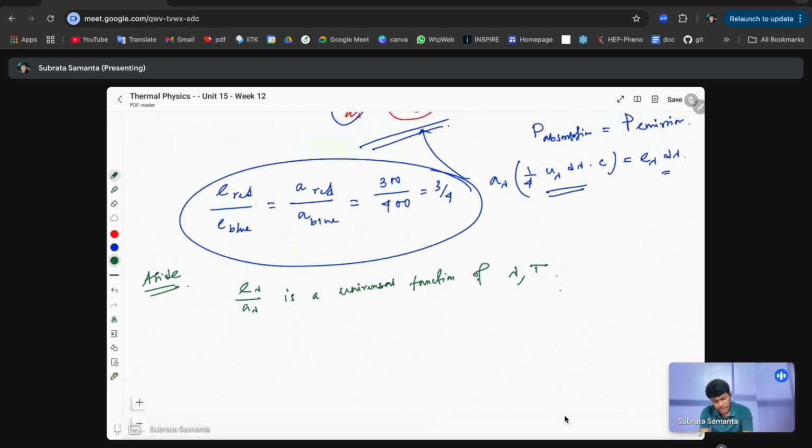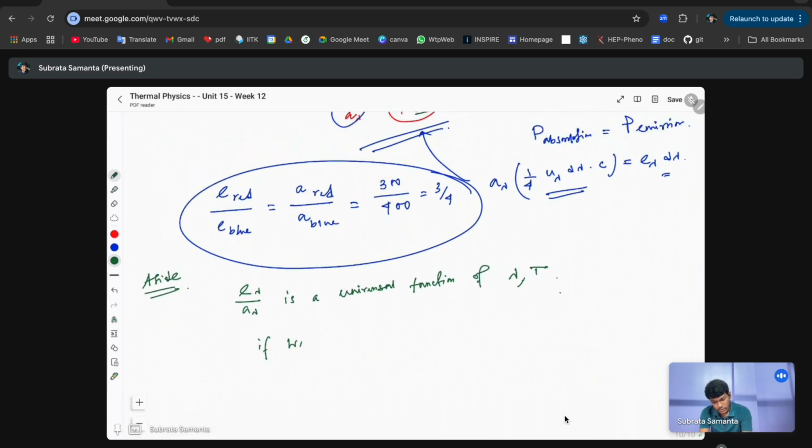So if we fix lambda, wavelength, and temperature, this implies that your E lambda is proportional to A lambda, right? So emissive power is proportional to absorptive power at a given wavelength, because lambda and T are fixed.